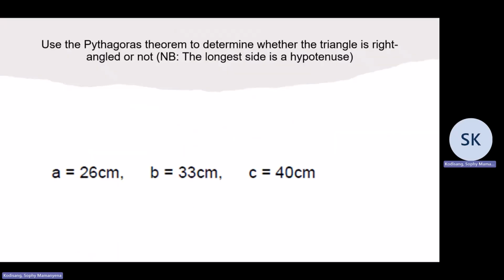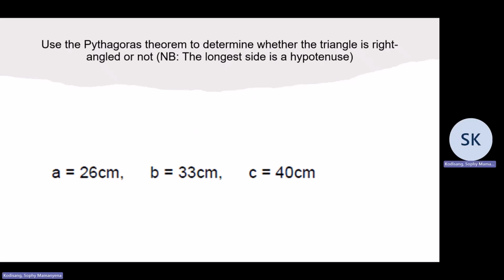And this is the last one. Use the Pythagoras theorem to determine whether the triangle is right angled or not. The longest side is the hypotenuse. What you have to do, you look at A, you look at B, you also look at C. A is 26 centimeters, B is 33 centimeters, and C is 40 centimeters.